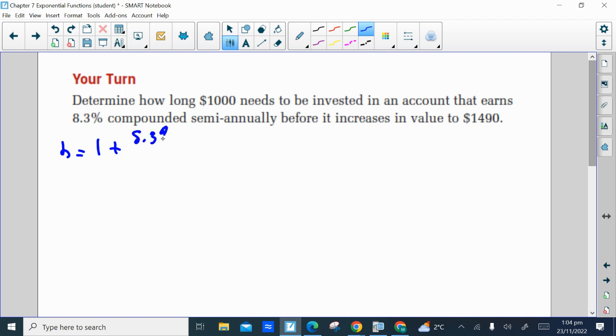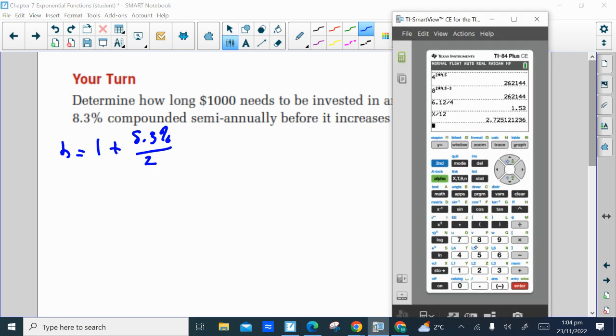So we have to take the 8.3% and divide it by 2, because semi-annual means twice a year. So 8.3 divided by 2 is 4.15. We'll divide that by 100 to write it as a decimal, and then add 1.